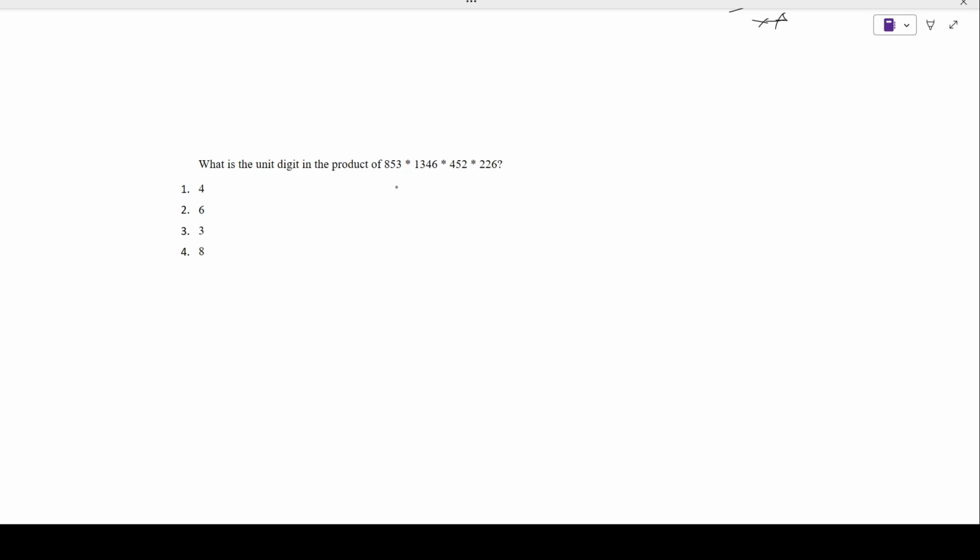Which means the unit digits 3 into 6 into 2 into 6. We have 3 6s are 18, so the unit digit is 8, then 8 into 2 is 16, the unit digit is 6, then 6 into 6 is 36, so the unit digit is 6. 6 6s are 36, so the answer will be option number 2.